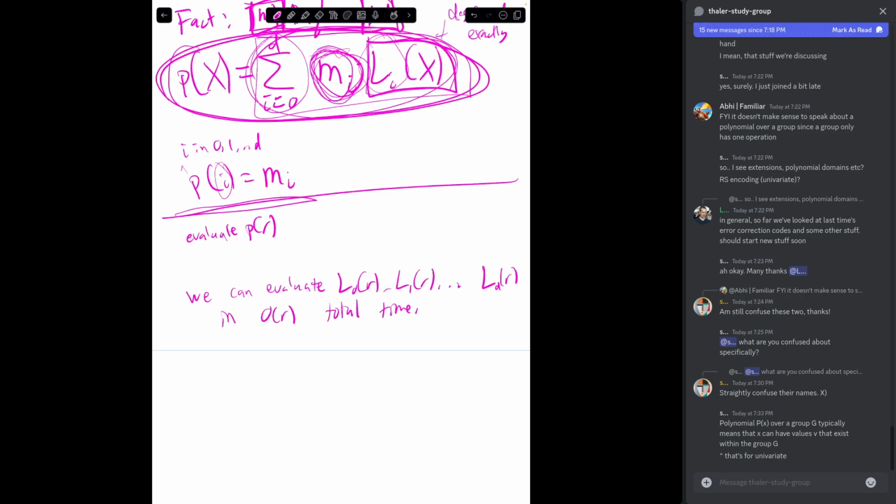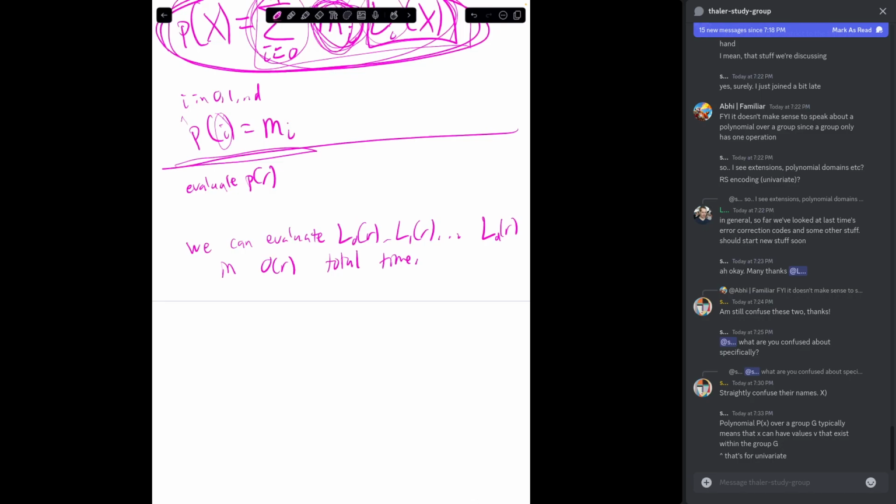In fact, if you literally wrote down each of these basis polynomials, each is a degree D polynomial, so writing down all their coefficients naively would be D squared coefficients across all D of them, which is quadratic time. So we're never going to literally write down the polynomials. We're just going to evaluate each one of them at R.